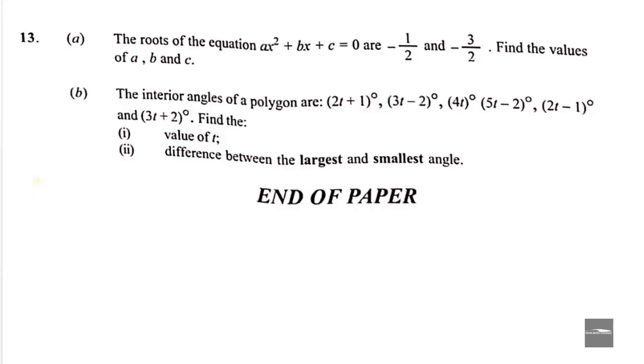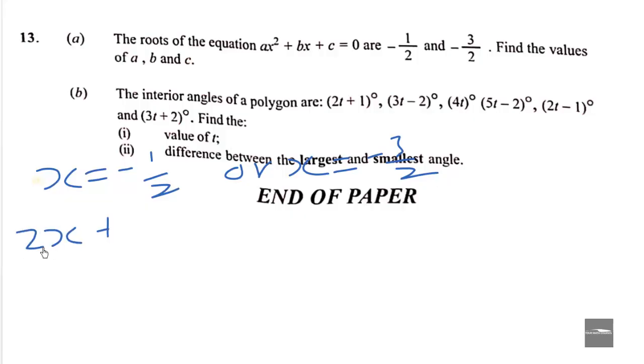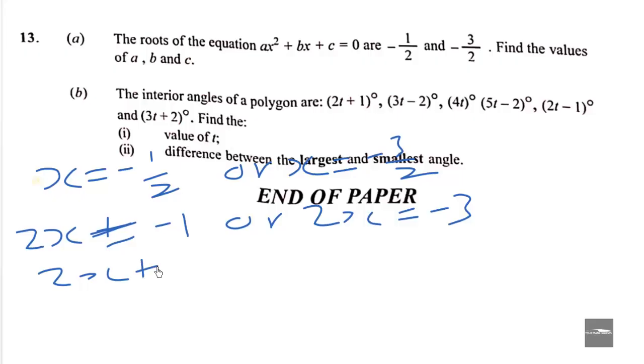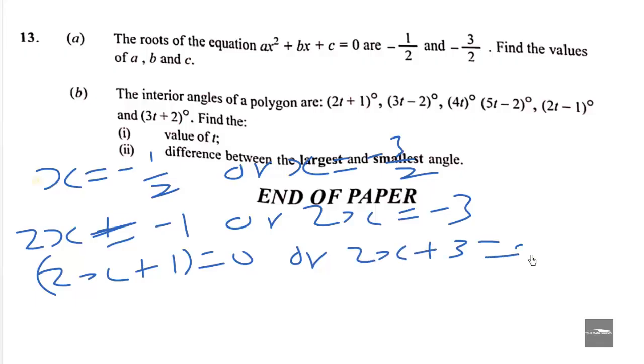So for a quadratic equation, if the roots are negative 1 over 2 or negative 3 over 2, you can work backwards. We know that x equals negative 1 over 2, so 2x will be equal to negative 1, or 2x will be equal to negative 3. So 2x plus 1 will be equal to 0, or 2x plus 3 will be equal to 0.